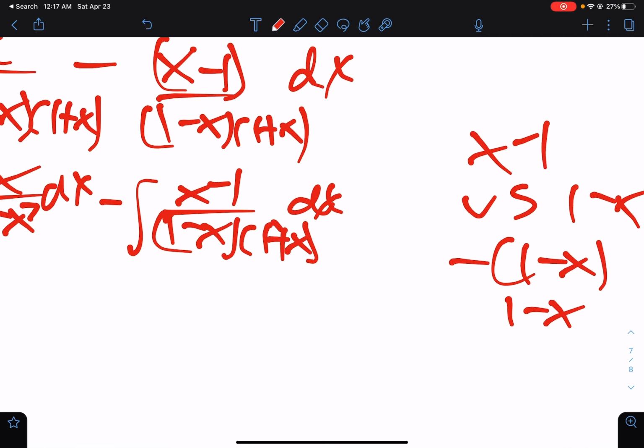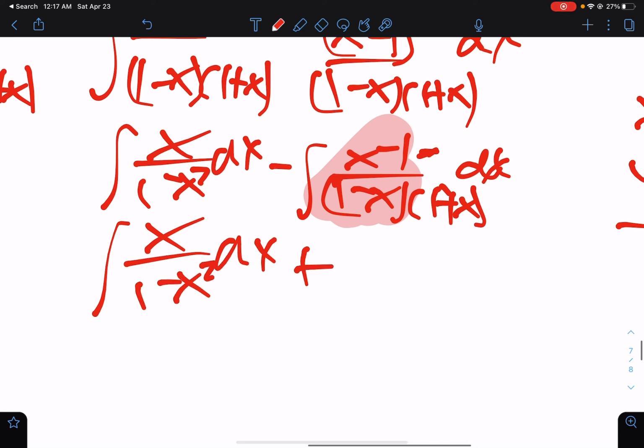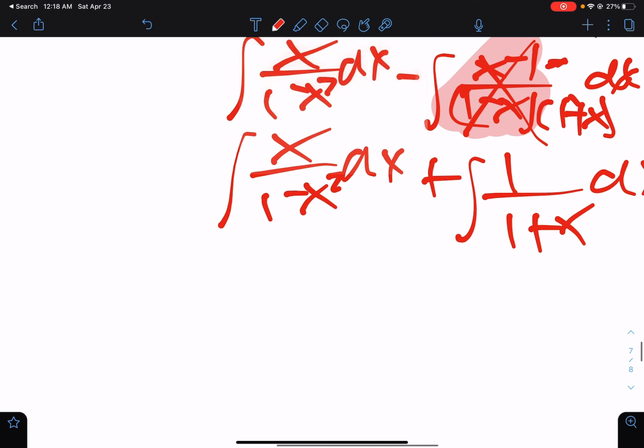So what happens is these two cancel out and you just put a negative. So you're going to get plus 1 over 1 minus x, these two cancel, right? You're going to get plus 1 over 1 plus x, right? And now you have two very easy integrals.